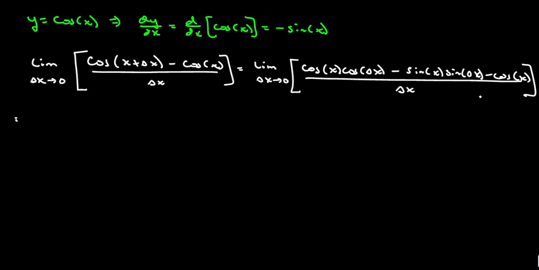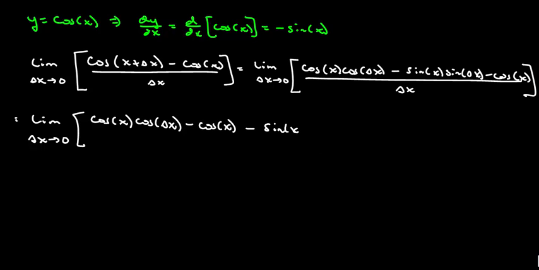Okay, so what we're going to do is the same trick, we're going to move this cosine x over to the front, so this is the limit as delta x goes to 0 of cosine x cosine delta x minus cosine x minus sine x sine delta x. The whole thing is over delta x.